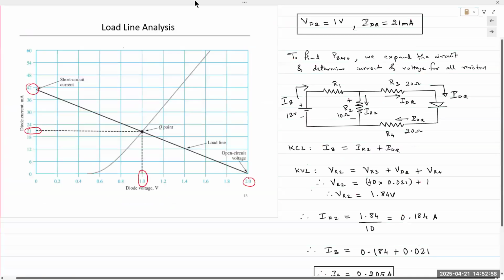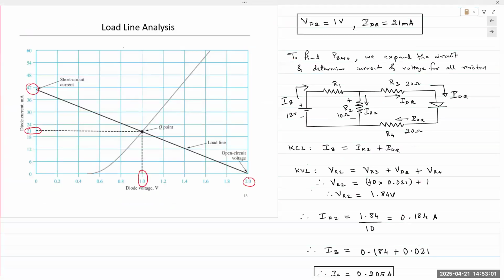You can go to the graph and we can plot those 2 points. First point is here, VD is equal to 2 volts. The second point is here, 41.41 milliamps. We join them, we get the line. The intersection point of the line is the solution using the load line analysis.